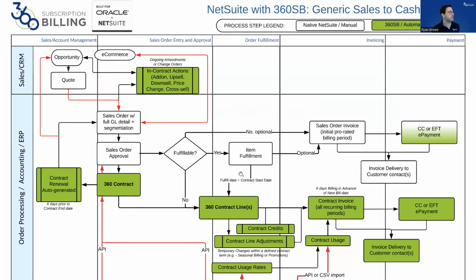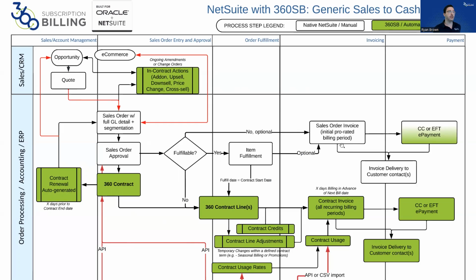In other words, 360 Subscription Billing contract lines. If you're the kind of organization where you've got a professional services project, and kicking off the project or going live on particular milestones is driving what we like to say item fulfillment, that will essentially reset your contract start date and your billing and rev rec start date based upon those things.